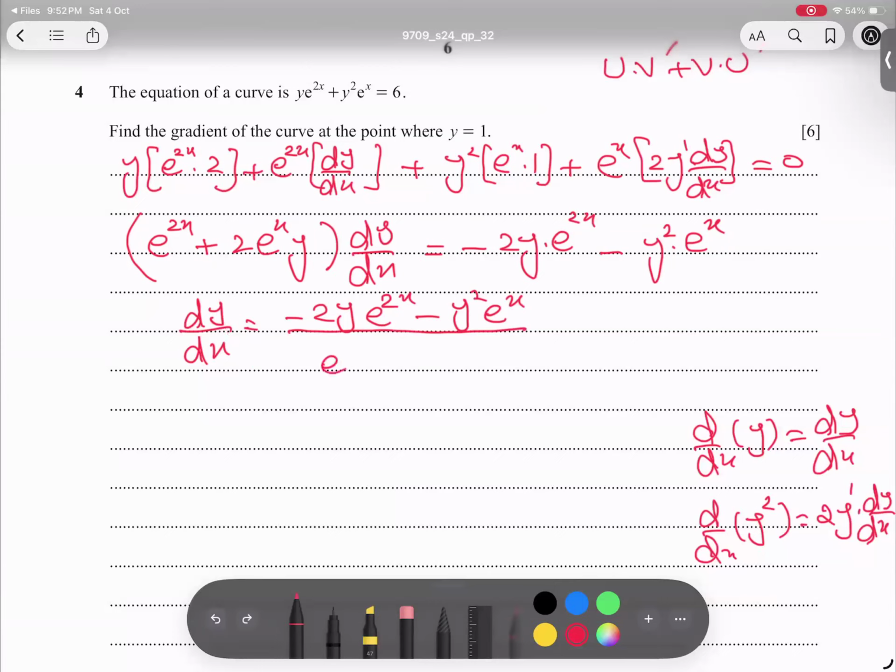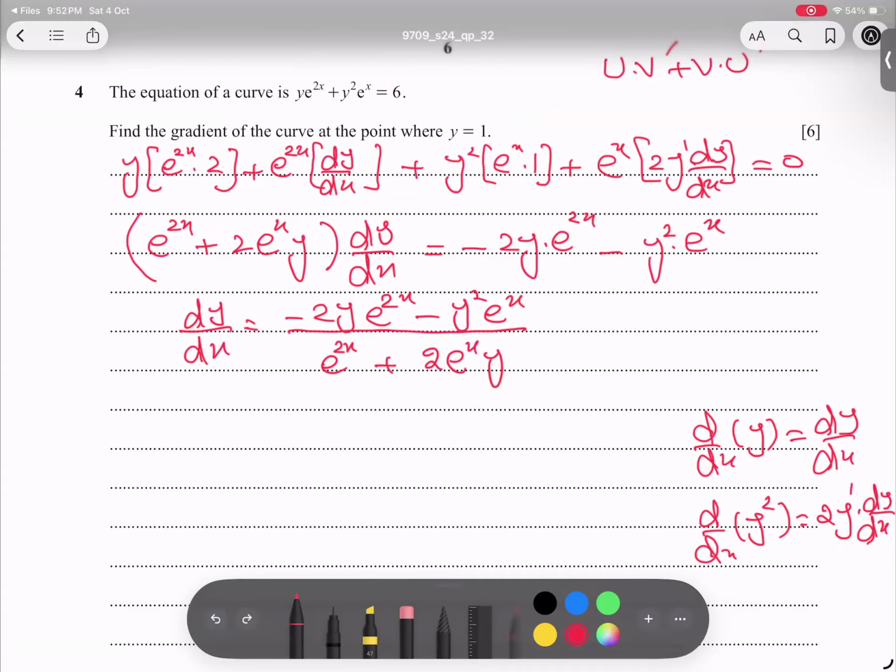So I'm writing e to power 2x plus 2 e to power x into y. The main point is, whenever we find a gradient, we have to plug in not y only, we plug in x as well. But do you know what x is? We don't know. So plug in y equals 1 in the top equation.